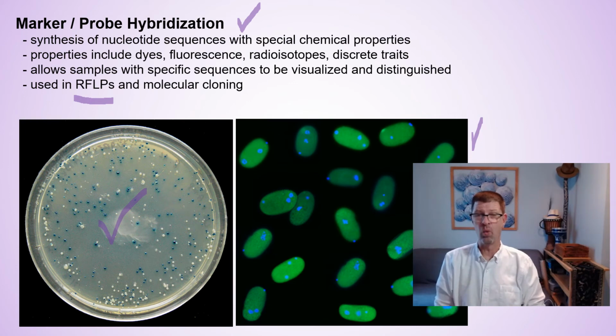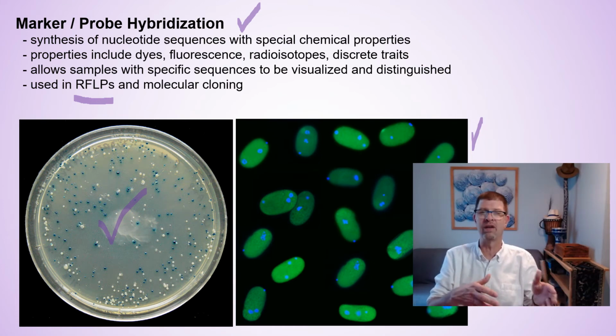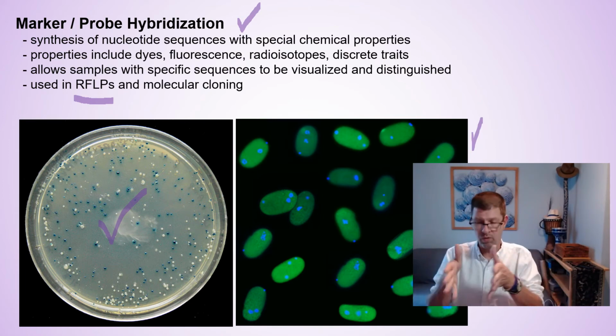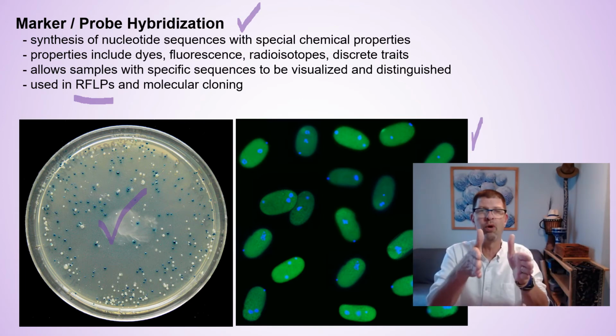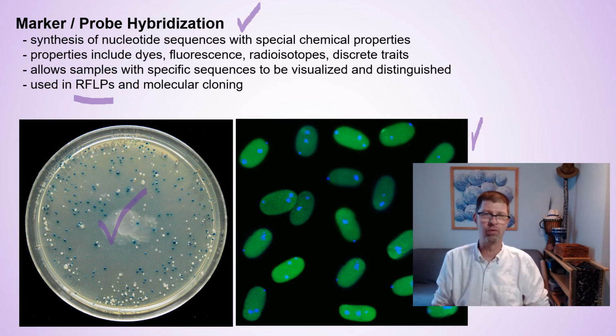We can tell which cells actually have the right DNA in them. So this happens with lots of different techniques. Whenever we have to sort target DNA out from DNA that is just in the way, we will put a color marker or a radioactive marker or a fluorescent marker on it so that we can sort it out easily. So that's called probe hybridization.